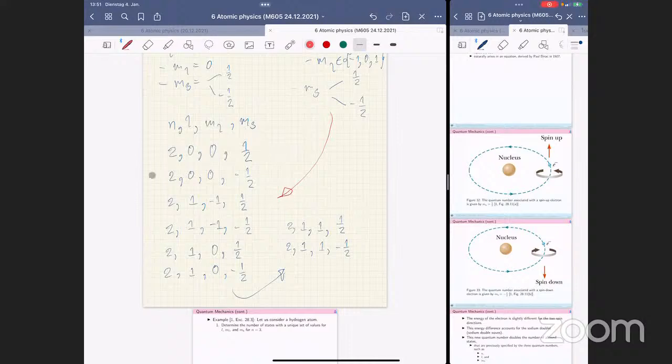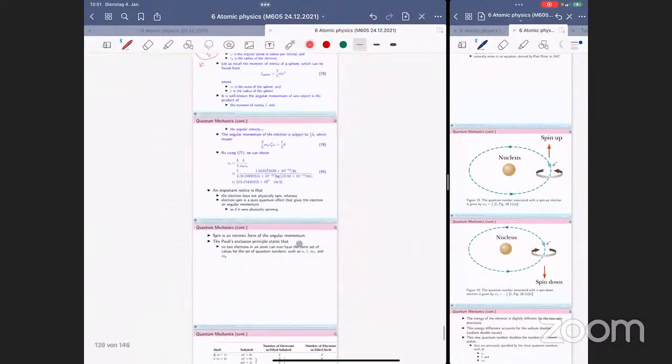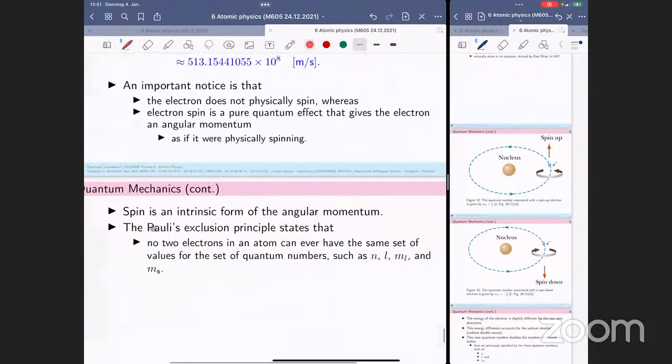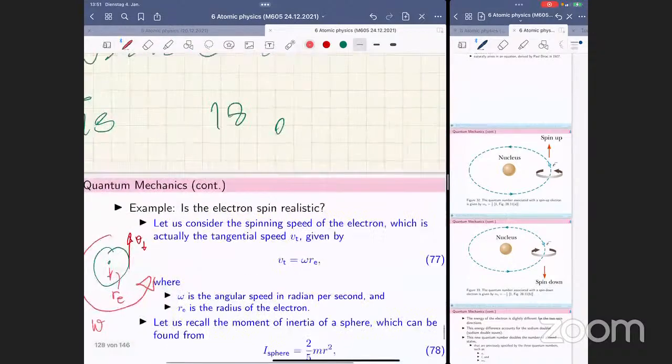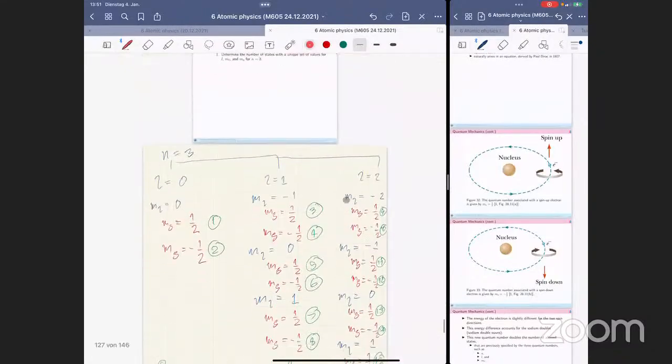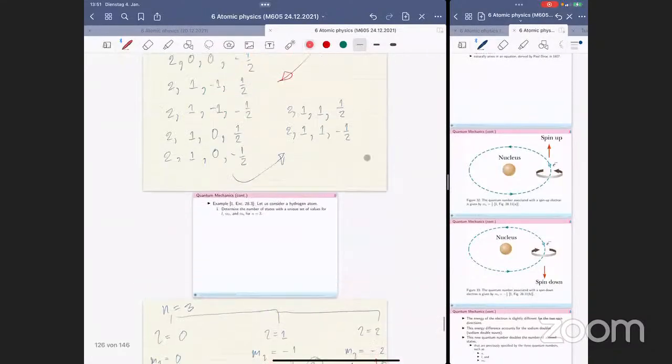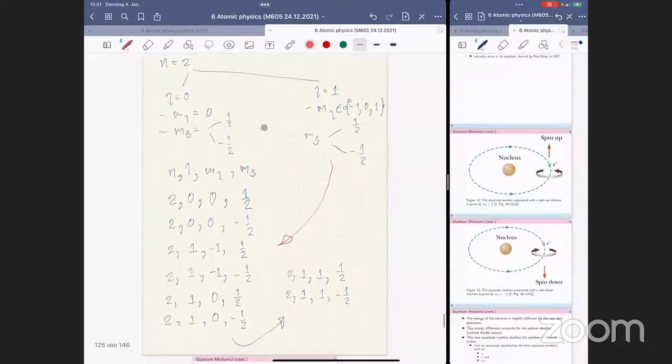More than two electrons cannot have the same set of quantum numbers, and that's called the Pauli exclusion principle. Pauli proposed the idea of the exclusion principle. So electrons cannot have the same set of quantum numbers, like what we have distributed here for n equal to 3, or this one for n equal to 2.